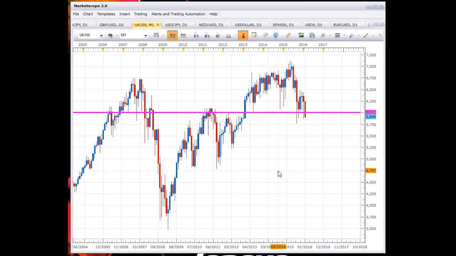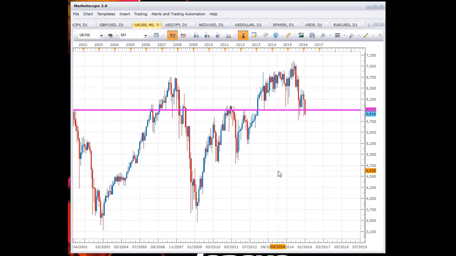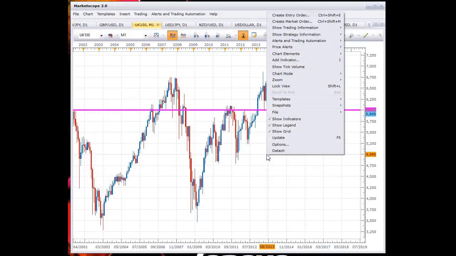Now, this obviously has an impact on sterling, so it's connected in a way because British companies are, although the FTSE 100 is not really just British companies, the FTSE 250 is more about British stores and such like. But even the FTSE 100 has obviously a link to British industry.